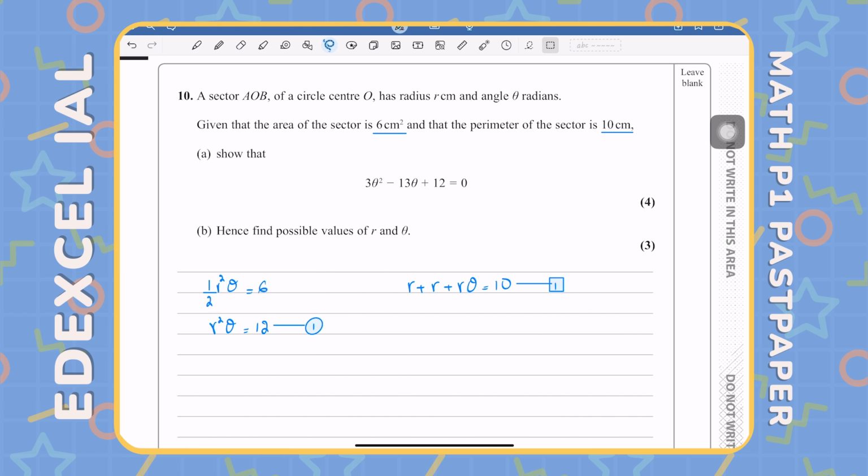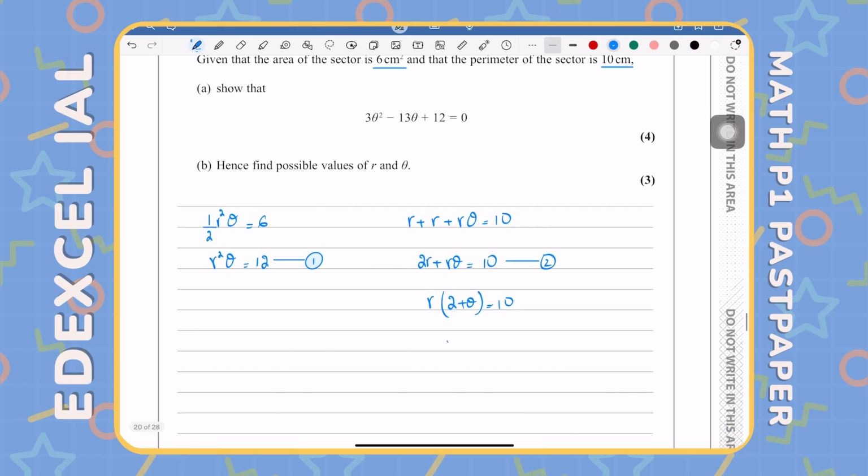Let me simplify the perimeter and call it the second equation. So r plus r will be 2r plus r theta is equal to 10. From the second equation, I will take r common, so that would be r times 2 plus theta is equal to 10. So that means r is equal to 10 upon 2 plus theta.